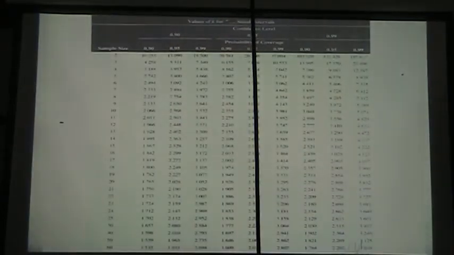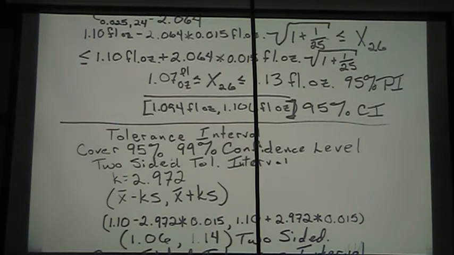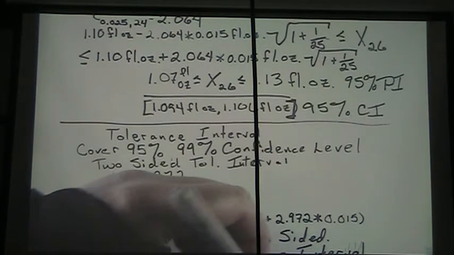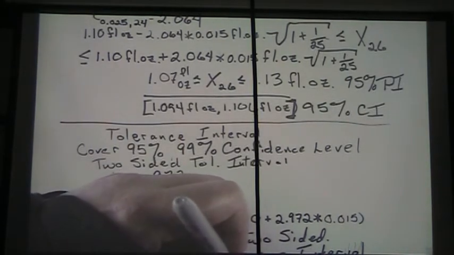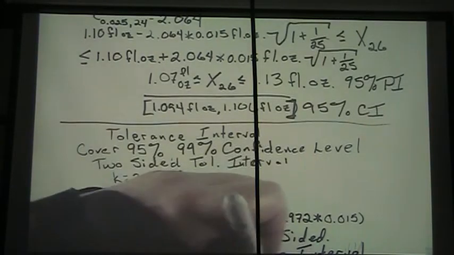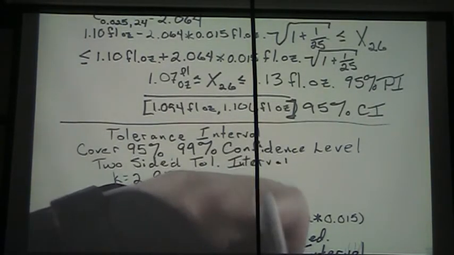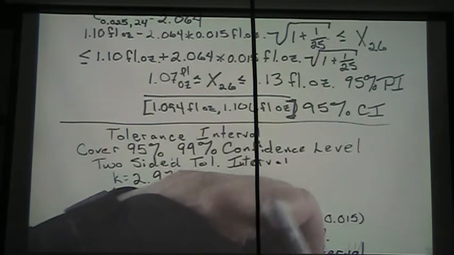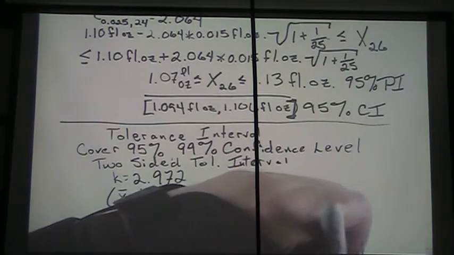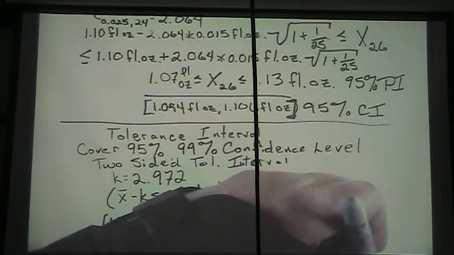I don't know if y'all can see that. You're gonna have to trust me, no matter how little you trust me now. And 2.633. All right, so 1.10 plus 2.633 times 0.015.